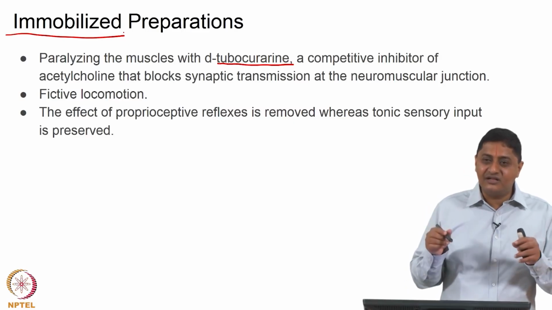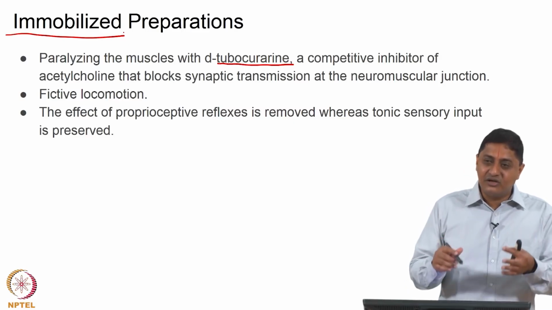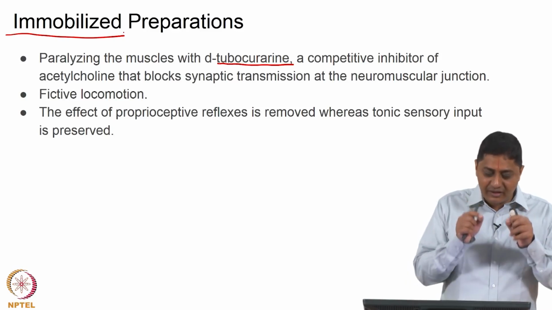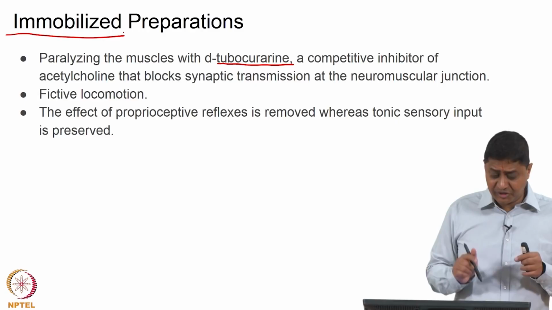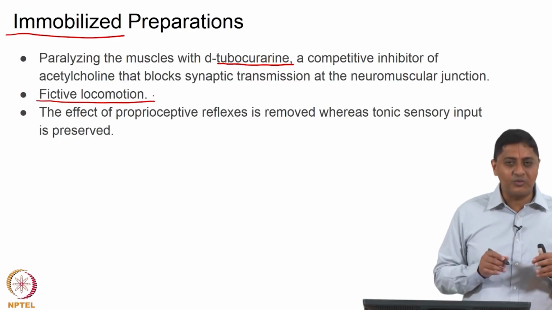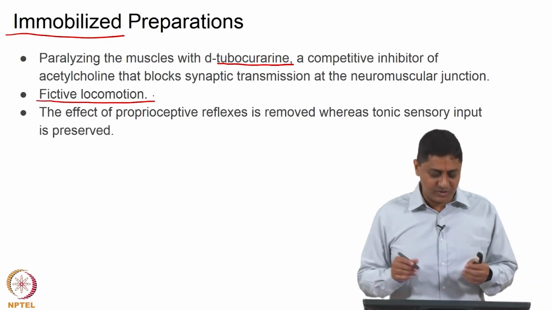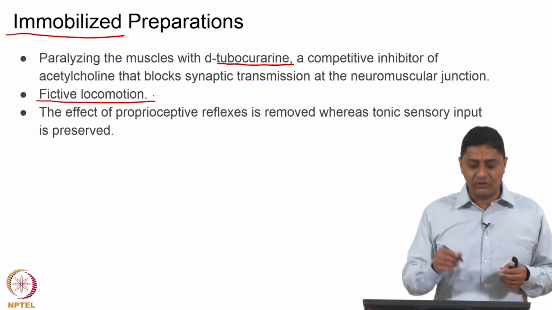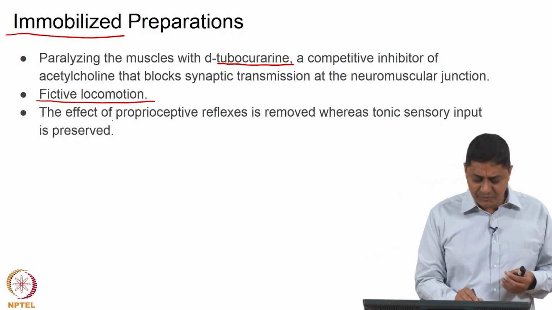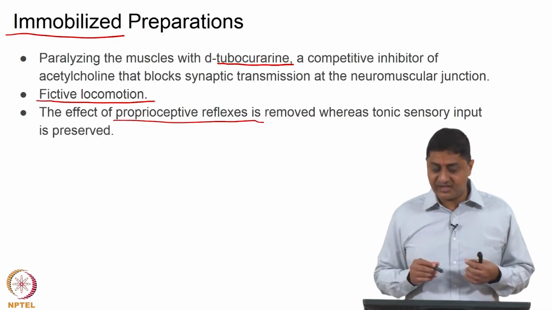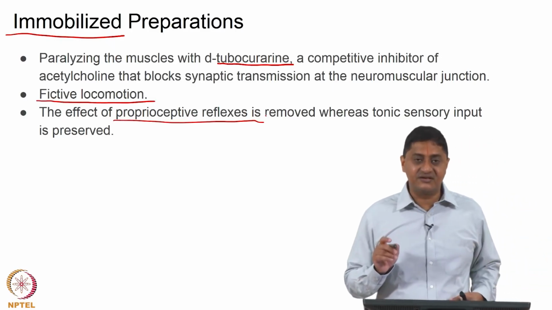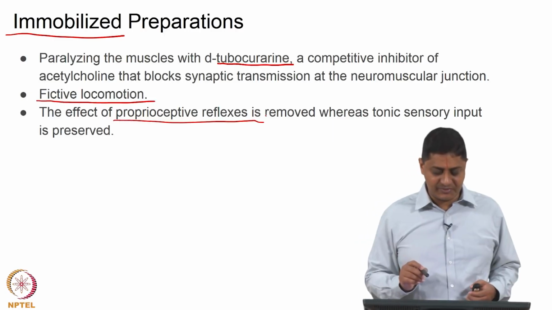So, if the recording is in the alpha motor neurons that control the locomotor muscles, you have a case that is not real locomotion but fictive locomotion. This is called fictive locomotion, do check this. In this case proprioceptive reflexes are removed, whereas tonic sensory input is preserved. So, this is a special case of immobilized preparations, okay.